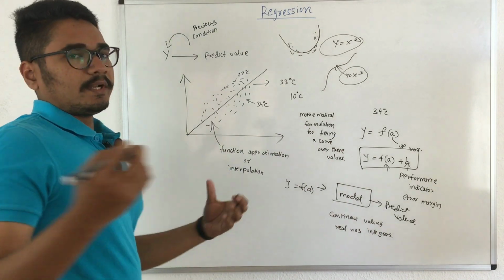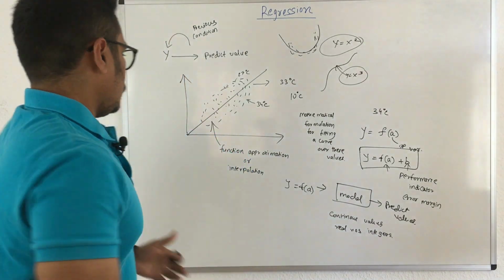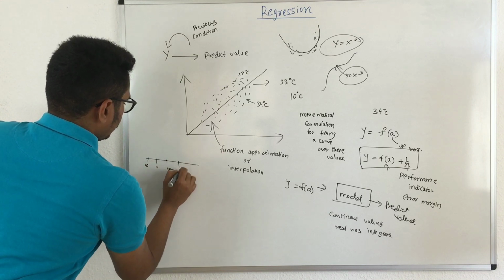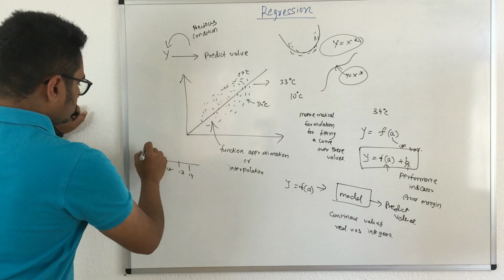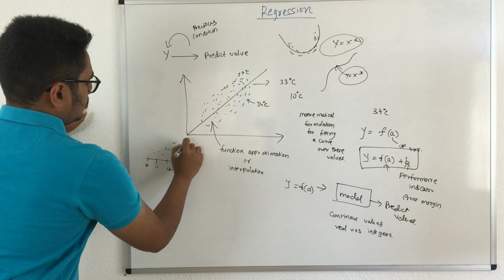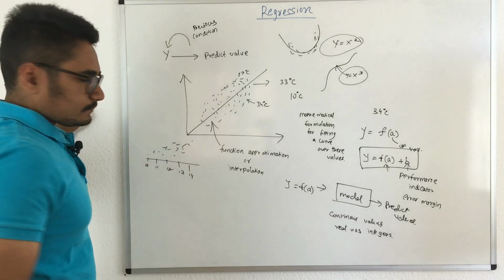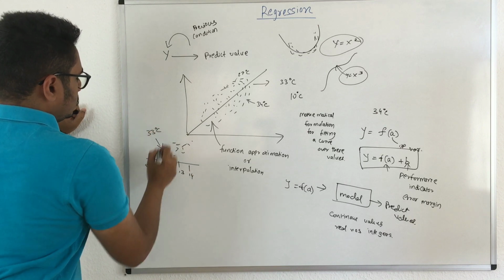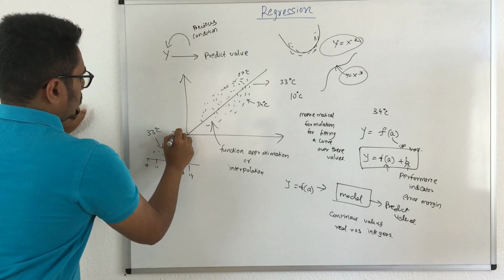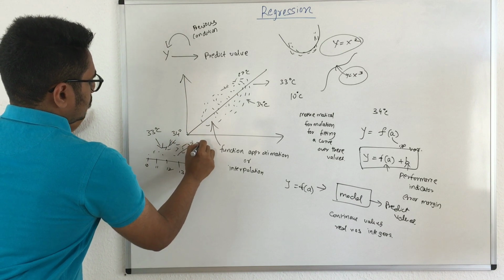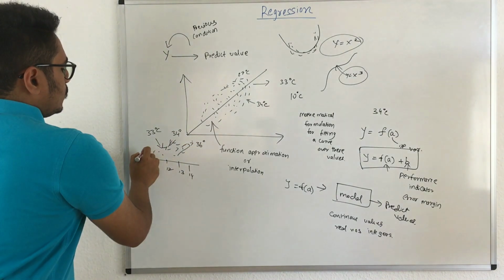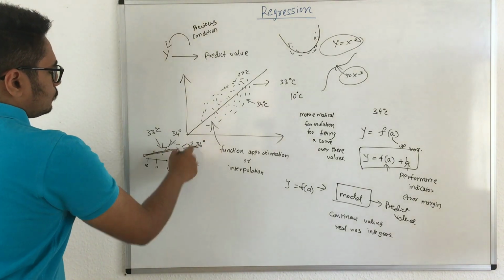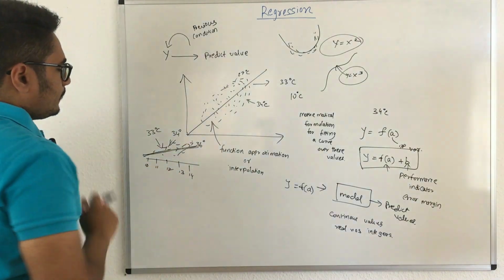Now this can be, say for example, time series data, like you have a particular time of the day, 10, 11, 12, 13 and 14. In this you have different values, like at 10 o'clock you had the temperature as 33, at 11 it increased to 34, then at 12 it increased to 36 and so on. So what you do is you try to fit a curve, or you try to pass a curve so that it best fits this equation.